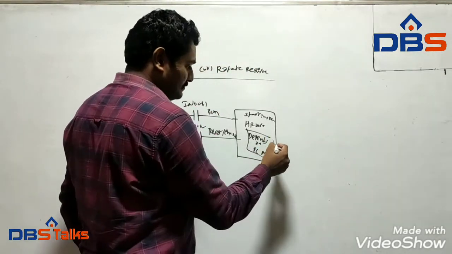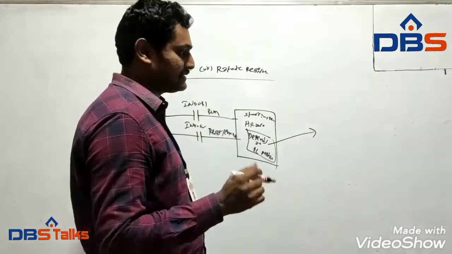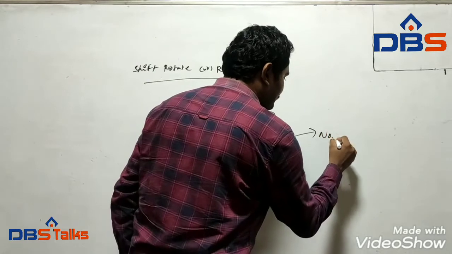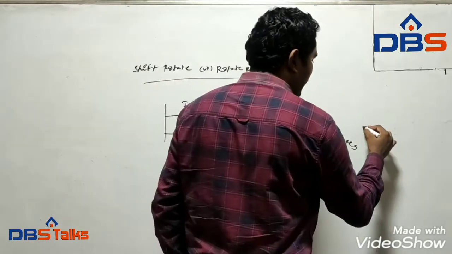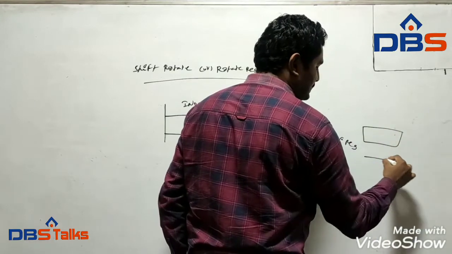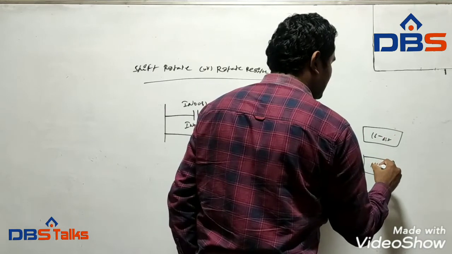If you want to use the full register re-entry point, we have to use a number of registers. Here I am using two registers, that means two 16-bit registers.